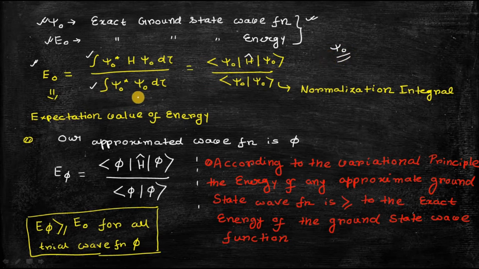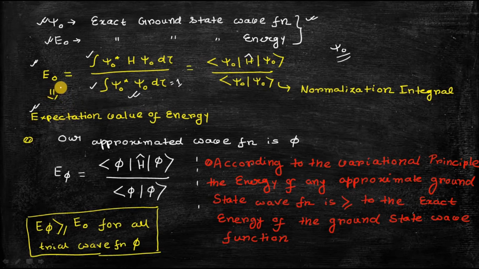In that case we have to divide by this normalization integral. If psi 0 is normalized, then this normalization integral will be equal to 1, but if it is not normalized then it has some value, so we have to divide this integral by this constant value to obtain the expectation value of energy.